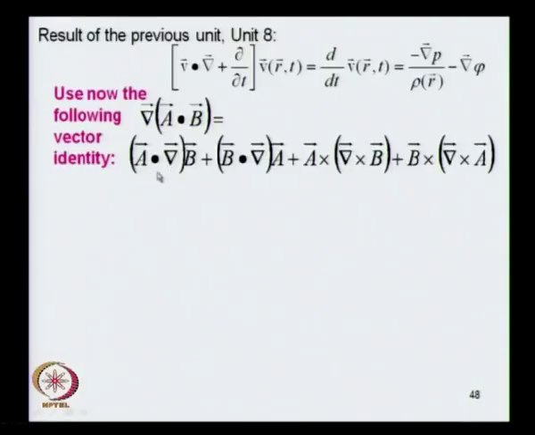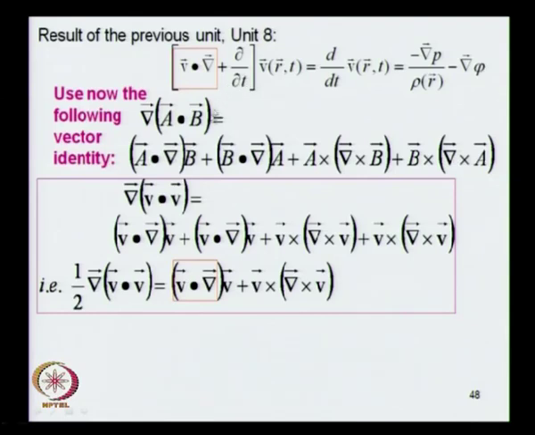Then it is given by this identity, you can write it as a sum of 4 terms, A dot del operating on B, B dot del operating on A, A cross curl of B and B cross curl of A. So, these are the 4 terms that come out of this identity, and we will use this identity for the special case when both A and B are the same vectors, namely the velocity.